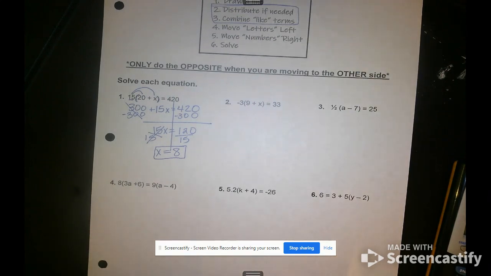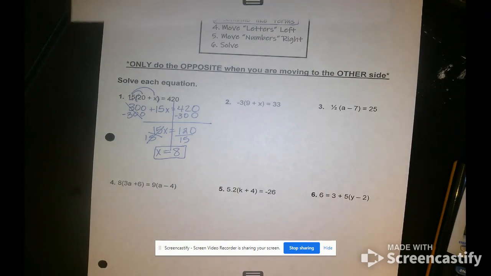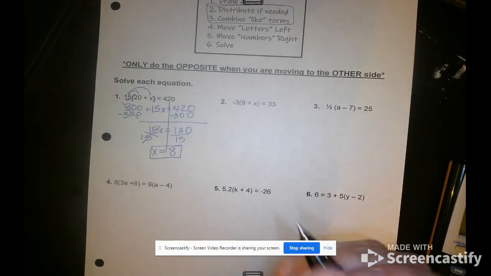Three times x. 8 minus 3x, not plus x. I got negative 20. So what would I do? Divide that by 3. Negative 3. It's not 5.5.